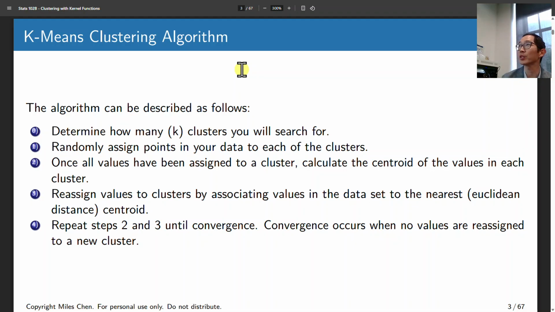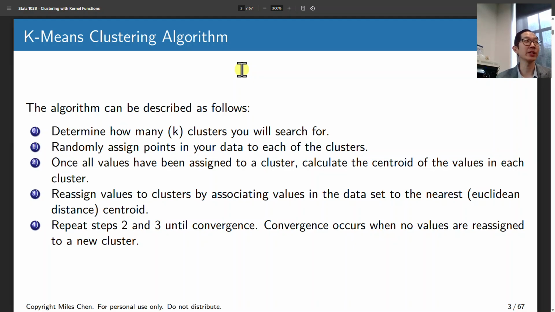Then you randomly assign points to each of your clusters, or you arbitrarily select some cluster centroids. Once you have the points assigned to a cluster, you calculate the centroids, and then you reassign your different points to the clusters by choosing the centroid that has the smallest Euclidean distance, and then you iterate back and forth.